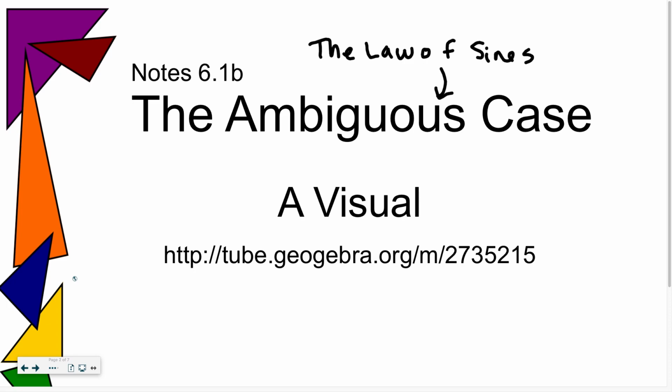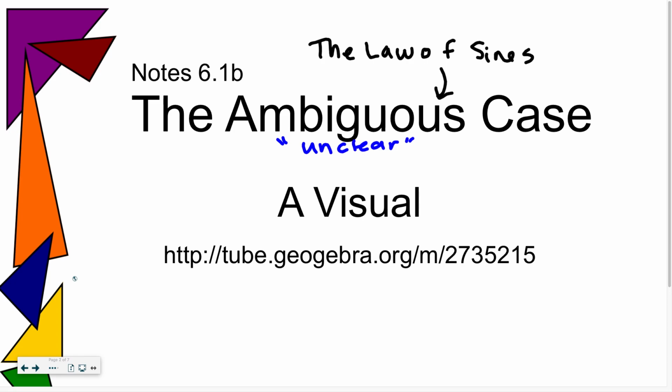So, the ambiguous case with the law of sines. To clarify the word ambiguous, we're basically saying unclear. This is a case where it's unclear what the given information is going to do.